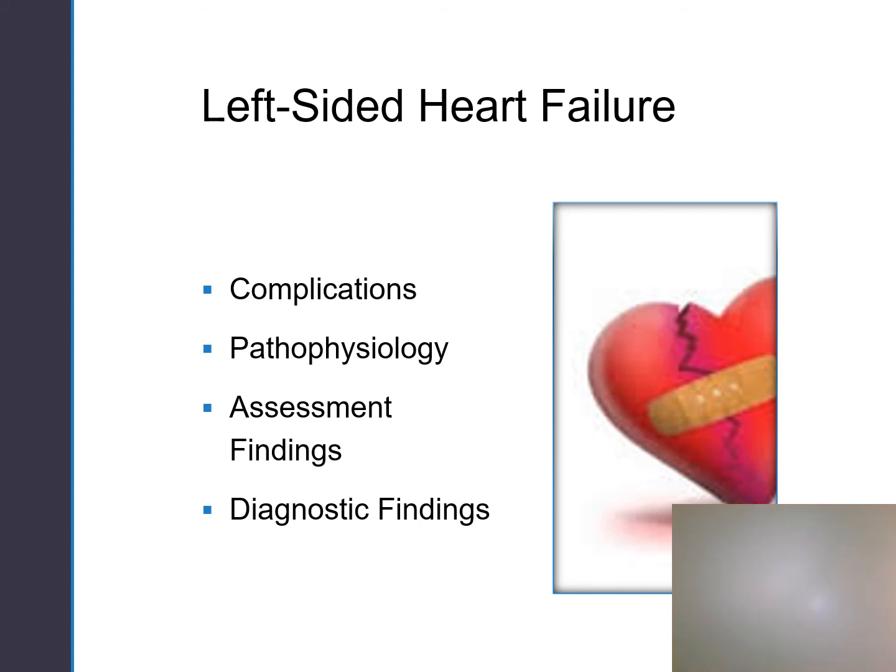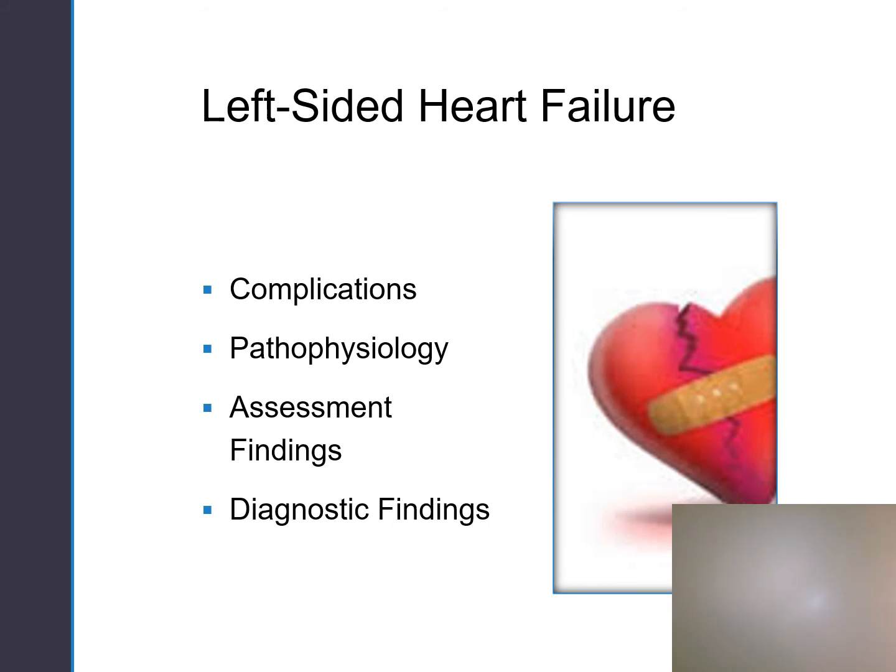These clients may experience hypoxemia, unusual fatigue with activity, exertional dyspnea, which is the first symptom, orthopnea, paroxysmal nocturnal dyspnea, which is sleeping with several pillows in bed or in a chair because they cannot sleep lying down. They become very dyspneic.